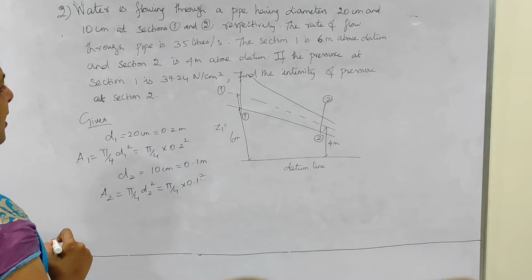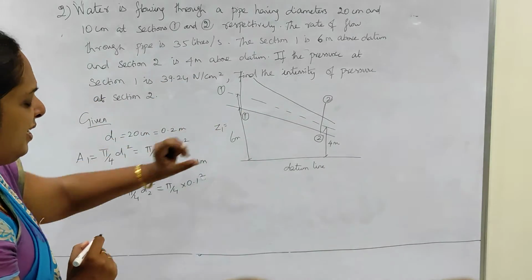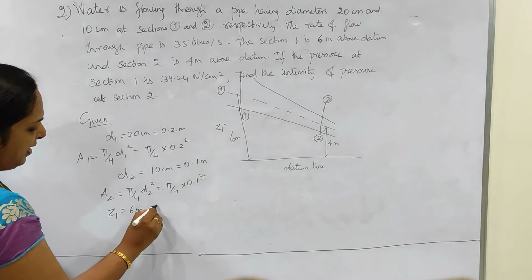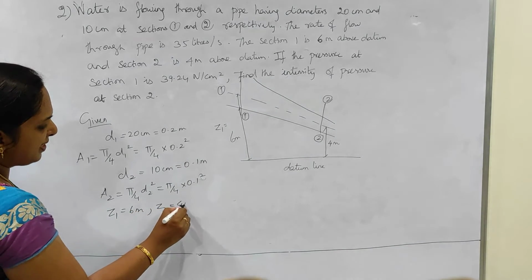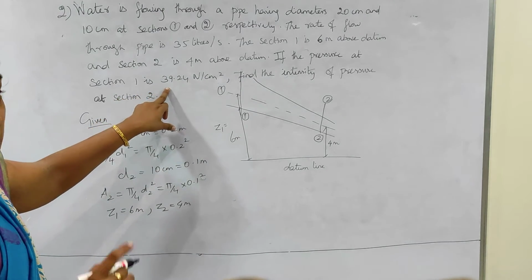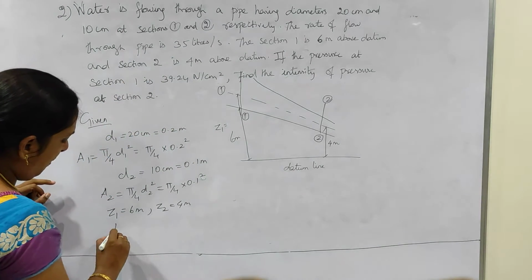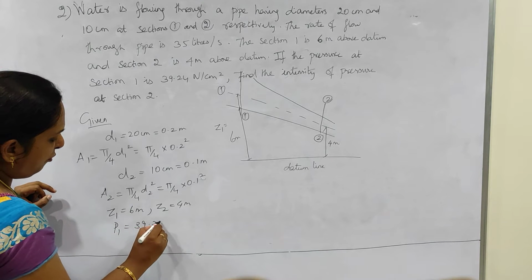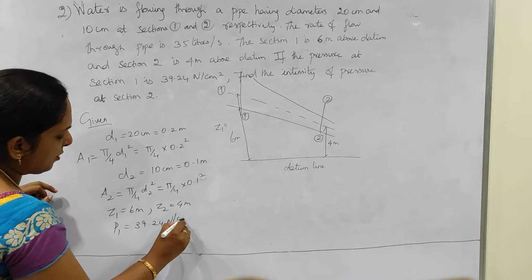And what they have given: Z1 and Z2. So Z1 is 6 meters, Z2 is 4 meters. Am I right? The pressure at section 1, that is my P1, is given as 39.24 Newton per centimeter square.